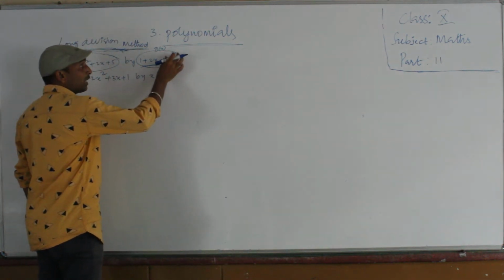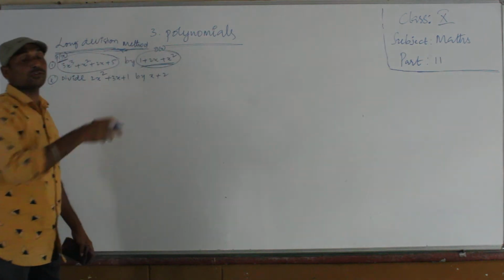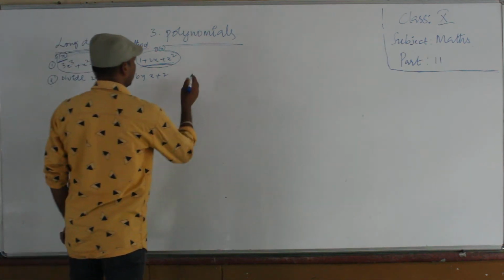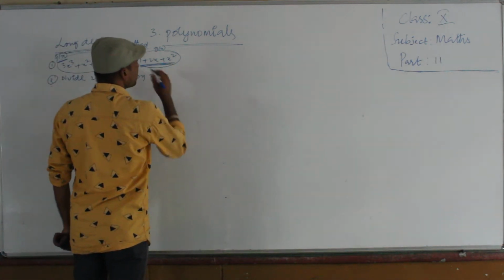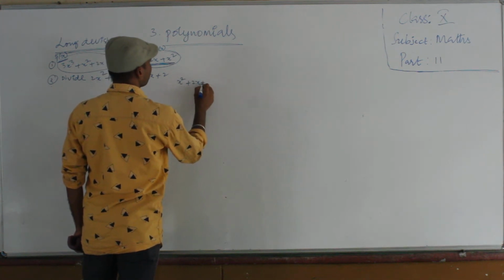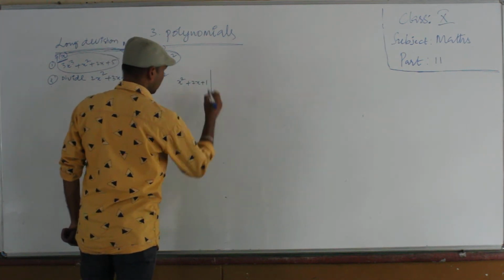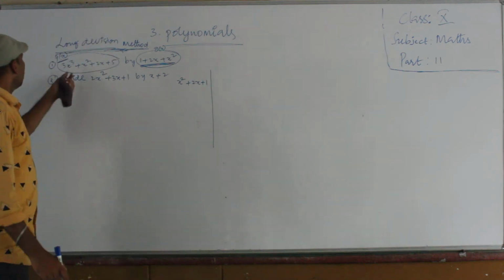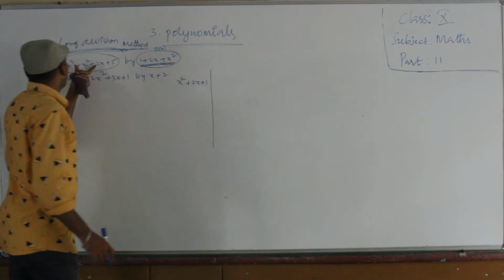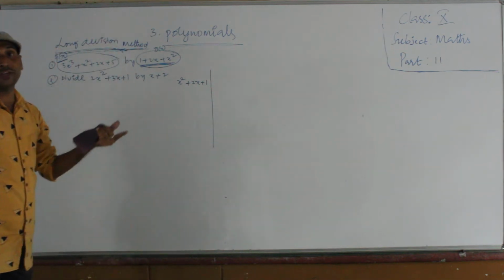The highest power of the variable first, then in decreasing order. So first we take x square plus 2x plus 1, and in the dividend place we take p of x.